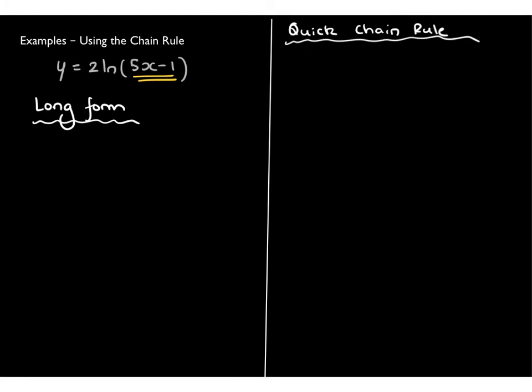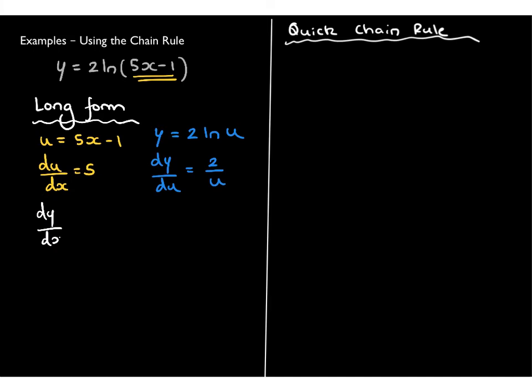So using the long form of the chain rule, I've identified the inner function as u, which is 5x minus 1. So I can now say y is equal to 2 ln of u, writing y in terms of u. Here's the differentiation. du by dx is equal to 5. And dy by du is equal to 2 over u, now that we know how to differentiate a simple ln function. Making use of the chain rule, dy by dx is equal to dy by du multiplied by du by dx.